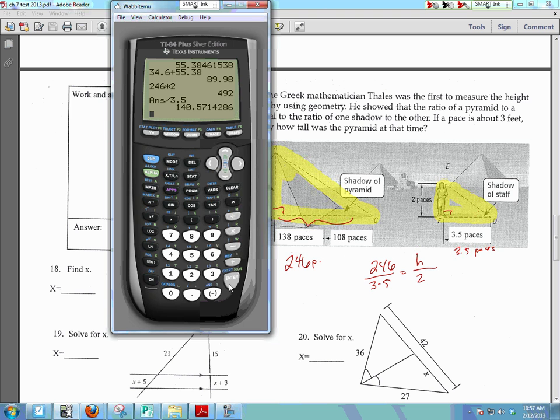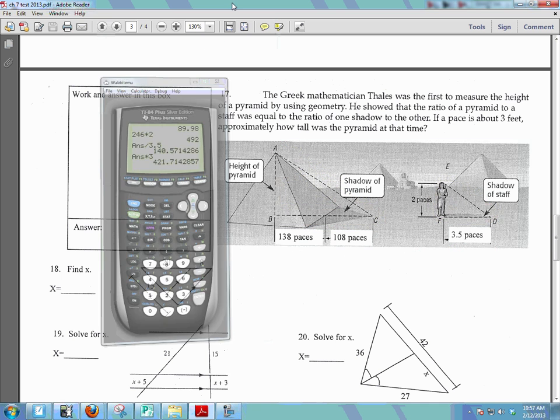I accepted 140.57 paces. That was fine. A lot of people had that. If you put this in feet, you multiply it by 3, and you get 421 feet, or 421.7 feet. Be careful on how you left your answer. A lot of people put 140 feet or 421 paces. Make sure you pay attention to your units and your labeling when you're done with these things.